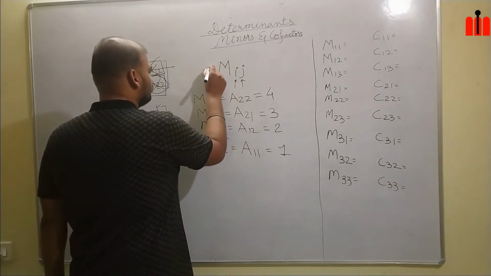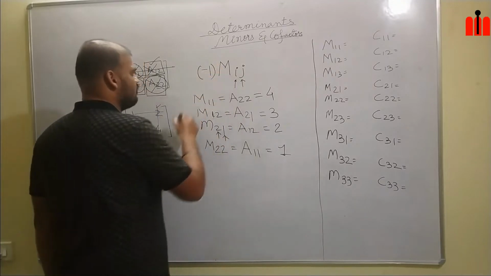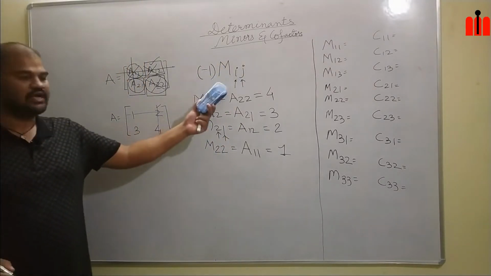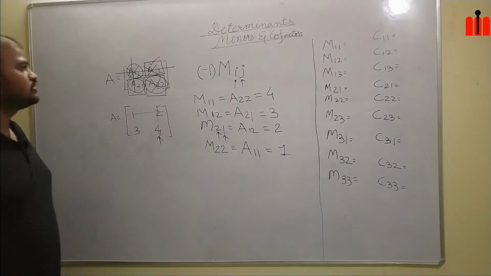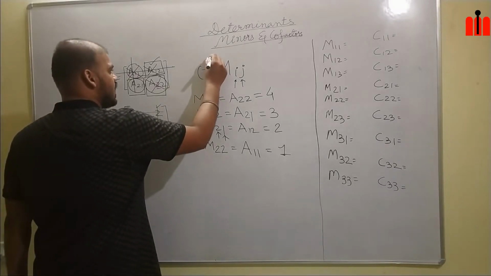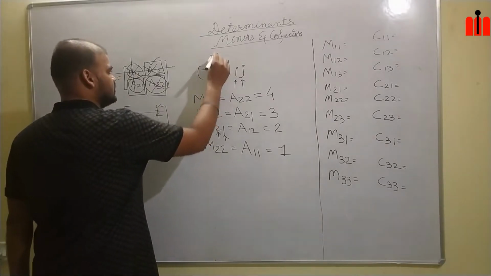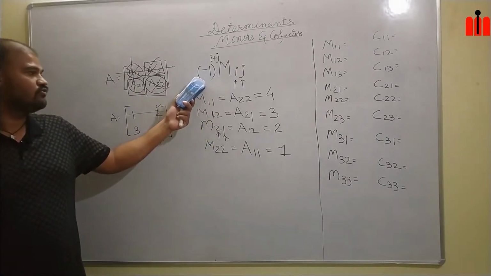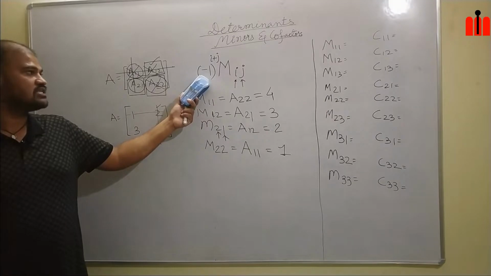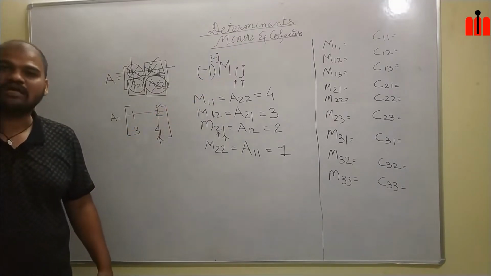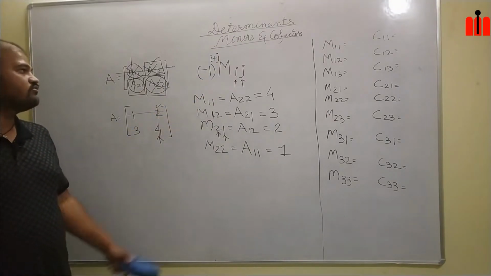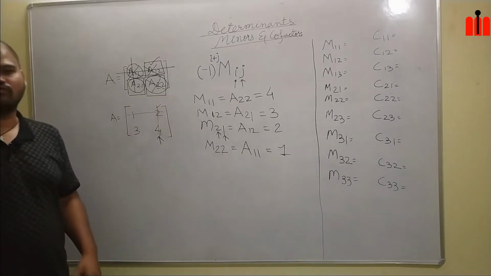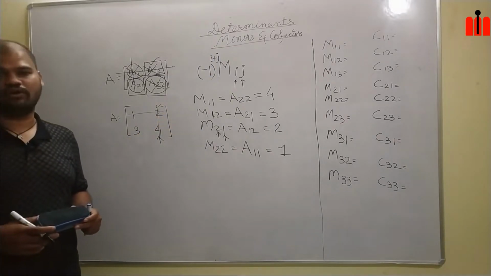We will multiply our minor with -1 to the power of i plus j, where i is the number of row and j is the number of column.